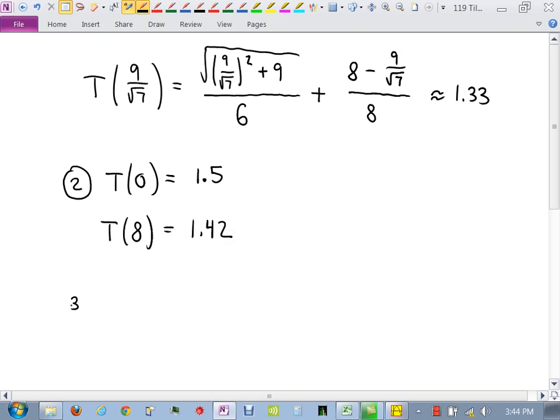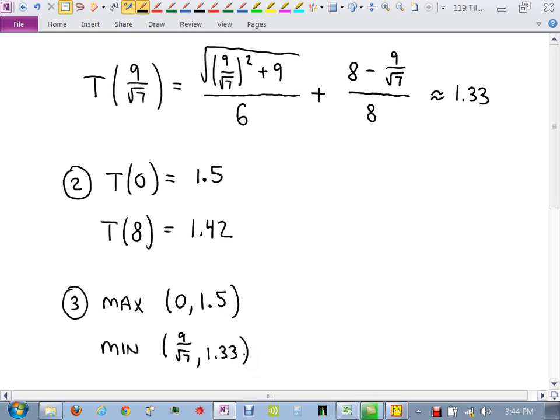But you're just plugging those into the function. So where do you have a max? Where do you have a min? Max at 0, 1.5. And a minimum at 9 over root 7, 1.33.